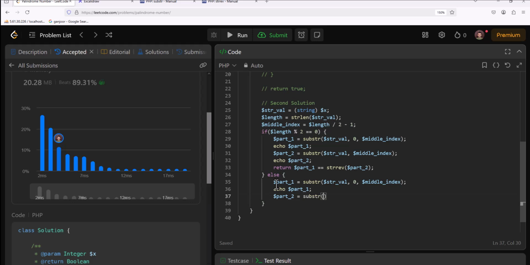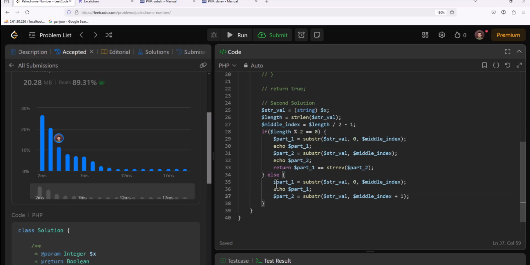And we have substr, strval, and from middle index plus 1. Okay, so I think we are doing a repetitive thing.